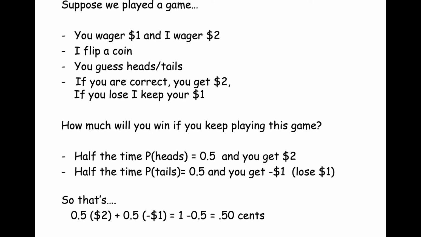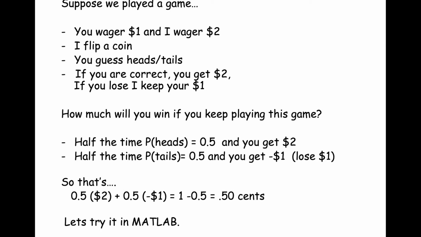And so if we were to weight the money that we get, whether it's positive or negative, by the probability, that's 0.5 for half the time we get $2, plus 0.5 half of the time we get negative $1. So that's 1 minus 0.5, or a total of 50 cents. And that's what we can expect to win if we play this game again and again and again over time.